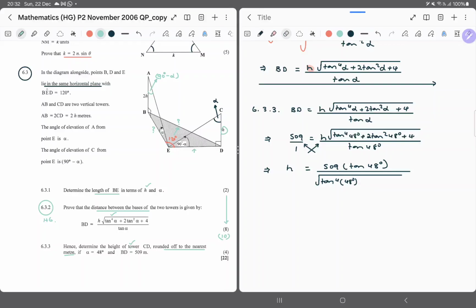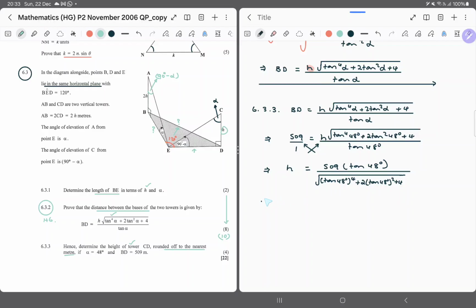In fact, the best way to write it so that we can sort the problem is to write 10 48 degrees all to the exponent 4 plus 2 into 10 48 degrees squared plus 4. That is the best way to sort this thing out.